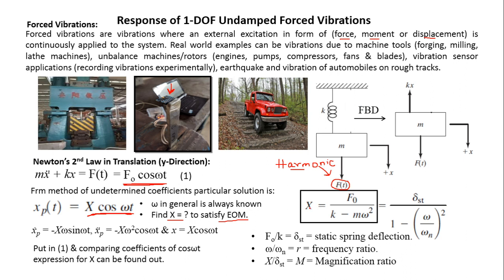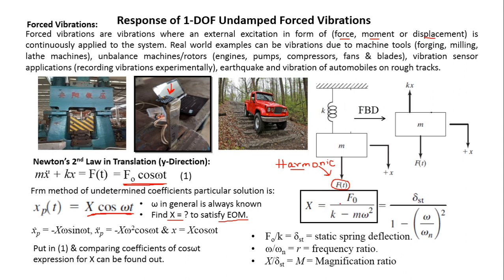So we came to know that the amplitude of forced vibration, undamped forced vibration, is equal to F naught, that is the magnitude of the applied force, upon some function of the system parameters, that is k minus m omega square. So k is the stiffness of the system, m is the inertia of the system, omega is the excitation frequency.